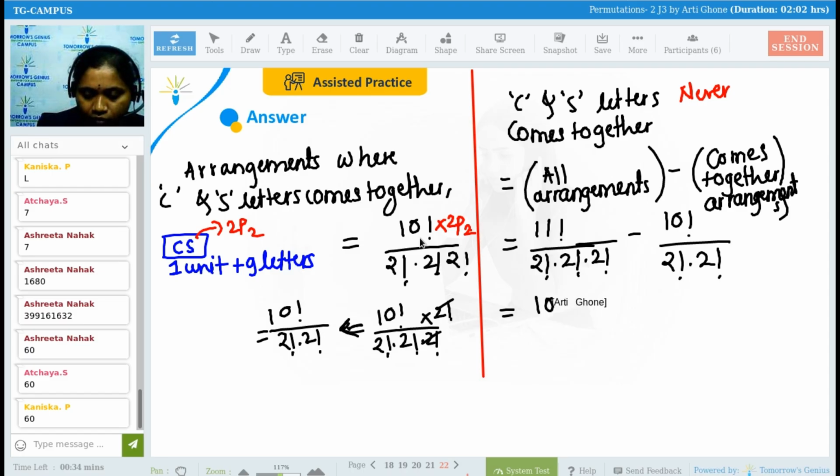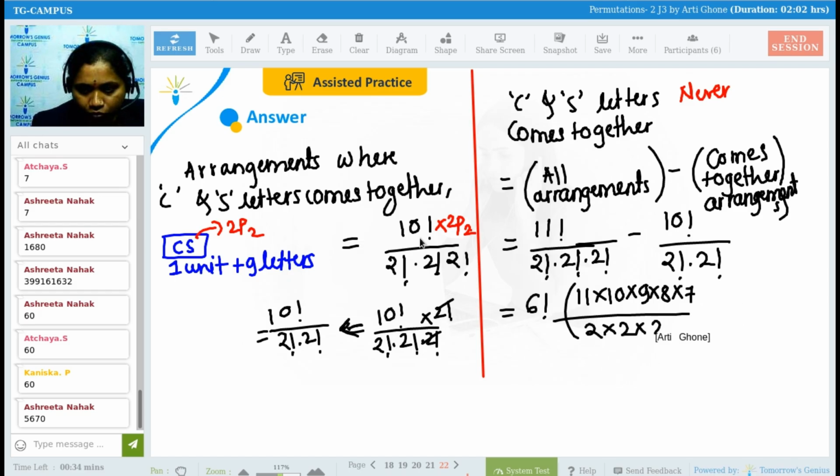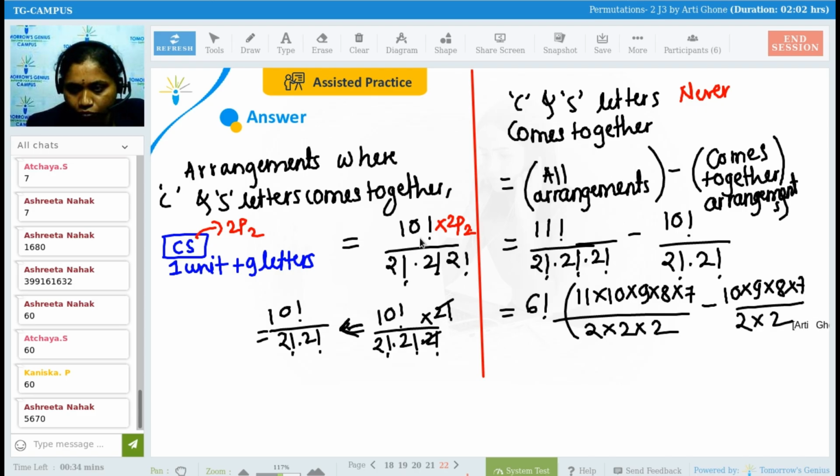So if I take factorial common, let's take 6 factorial common. What remains inside you need to solve. If I take out of 11, I am taking 6 common. So it is 11 into 10 into 9 into 8 into 7 upon 2 into 2 into 2, minus 10 into 9 into 8 into 7 upon 2 into 2.